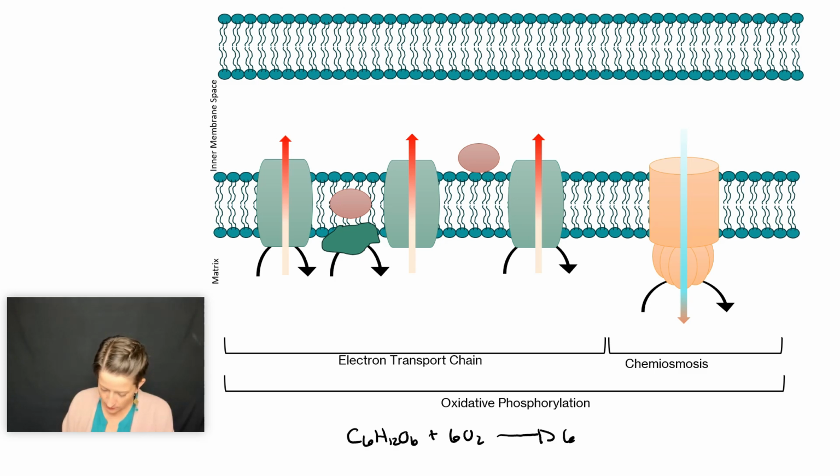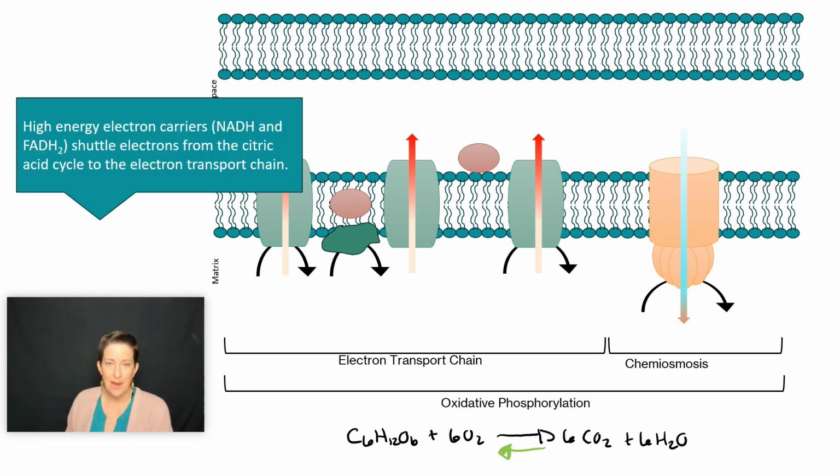We already saw the release of all of our CO2 through the citric acid cycle and link reaction. And then we are going to finish out by forming water here in the electron transport chain. Remember that photosynthesis is just the reverse of this process, where we take these inorganics and make organic compounds. It's just so cool.